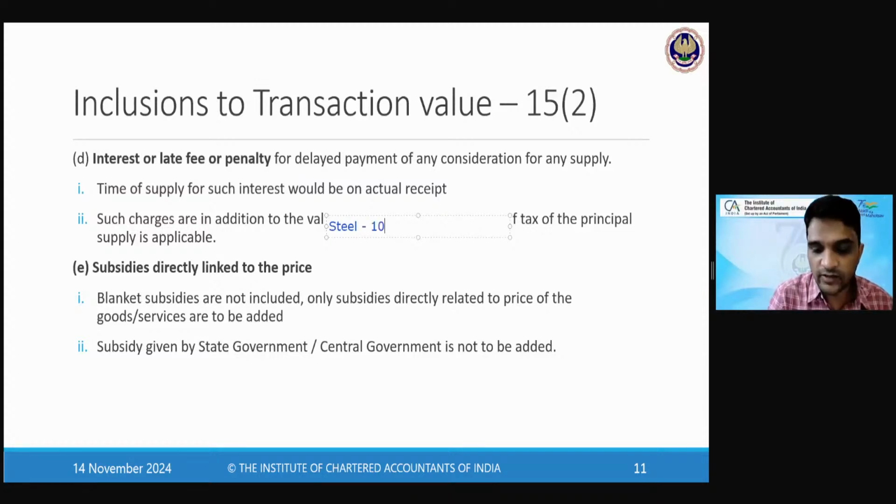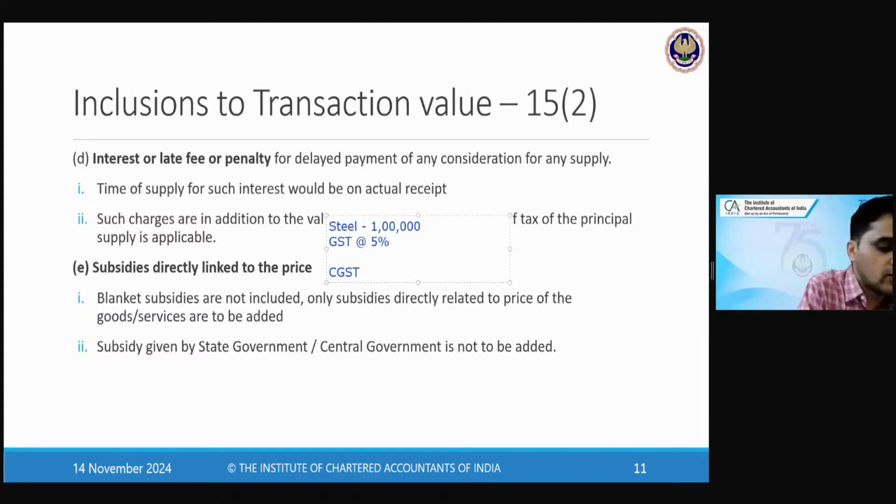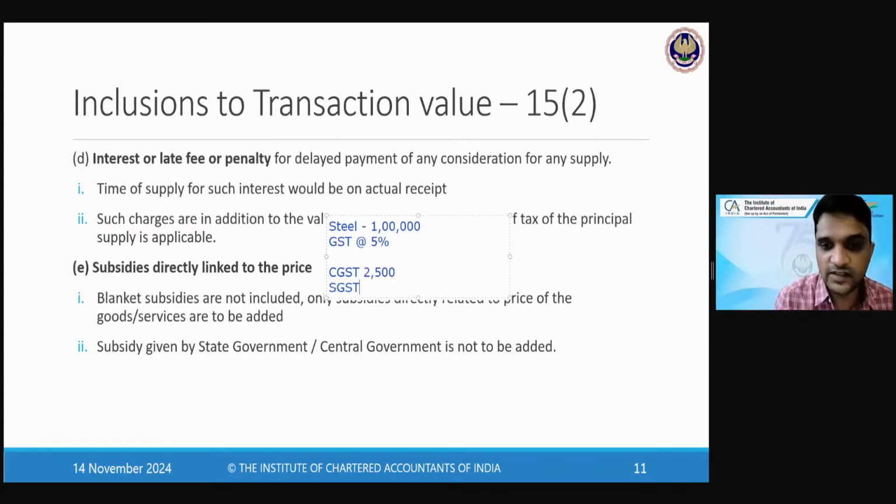Steel is for 1 lakh rupees. Your GST rate on steel is 5%. So when you sell steel for 1 lakh rupees, what will be the CGST? CGST will be 1 lakh into 2.5%. When I say GST at 5%, it is 2.5% CGST, 2.5% SGST. So CGST is 2,500, SGST is 2,500.